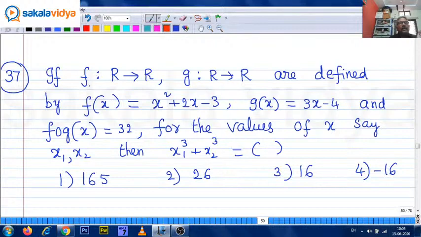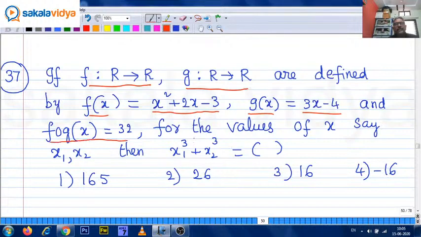f maps R to R, g maps R to R, are defined by f of x equal to x square plus 2x minus 3, g of x equals 3x minus 4, and f circle g of x is equal to 32 for the values of x. Here the x values are x1 comma x2. Then we need to find x1 cube plus x2 cube.